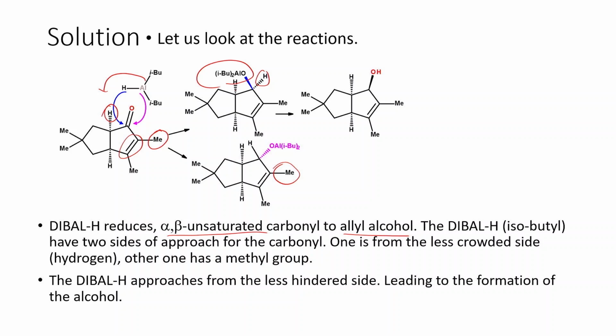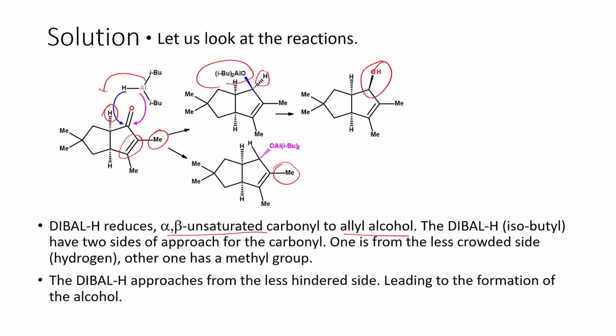It cannot come and approach from that side of this carbonyl group. So it approaches from the top side, and that is how this particular oxygen aluminium bond is formed, and that leads to the hydroxyl pointing above the plane.